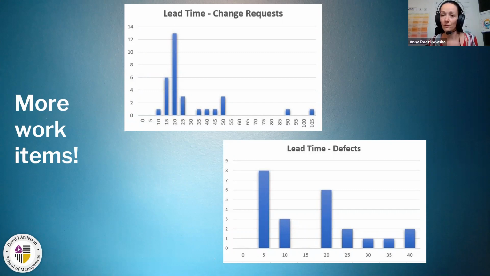If this is very, very important and you need to deliver it by the certain date because of any circumstances, then you can change the class of service and you can say reallocate the capacity to focus on this particular item.